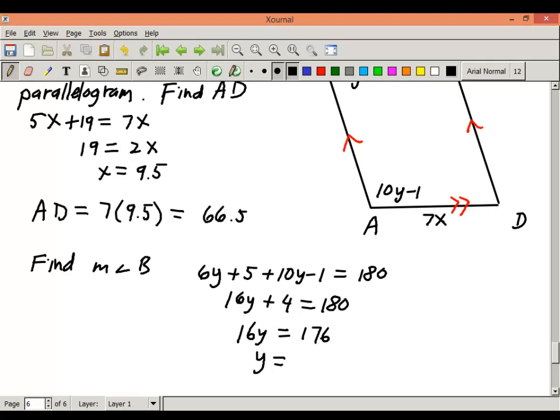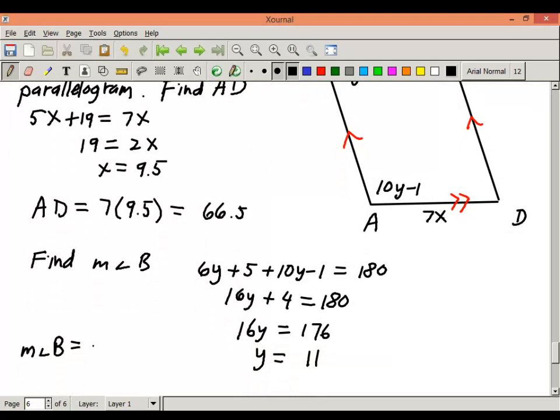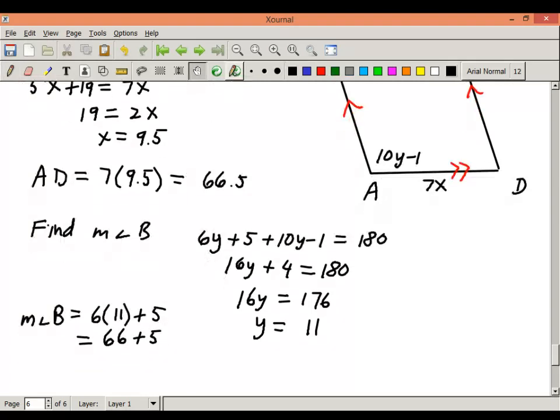So we've got 176 divided by 16. It comes out to be exactly 11. And so remember, they want the measure of angle B. So the measure of angle B equals, what was it again? 6y plus 5. So 6 times 11 plus 5. So it looks like we have 66 plus 5, so a total of 71 degrees for that angle.